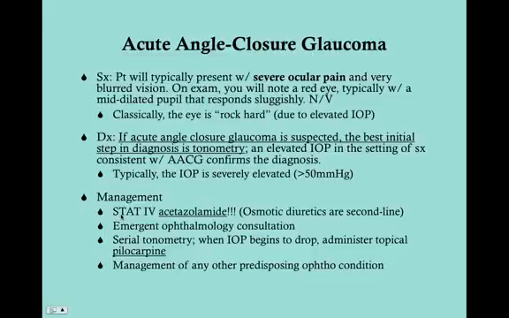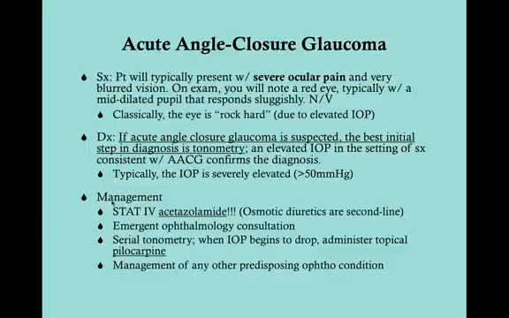Management. You need to be aware of this for the USMLE. This will get you a point on your test, I almost guarantee you. So the very first step is IV acetazolamide. Why don't we do something topically? We don't do anything topically typically because with acute angle closure glaucoma, by the time it's set in, there's usually too much vascular damage for something topical to help immediately.